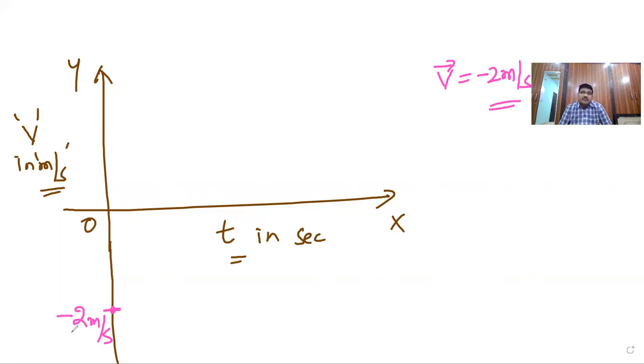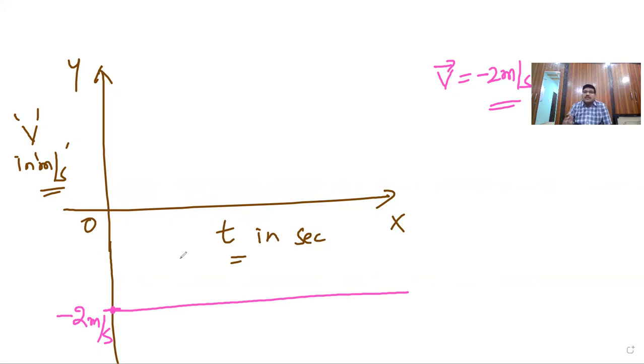From the previous conclusions, what is the velocity? As theta is constant, velocity is constant. So this is a constant line parallel to the x-axis. As time is 1 second, 2 seconds, 3 seconds, the velocity is the same: minus 2, minus 2, minus 2.